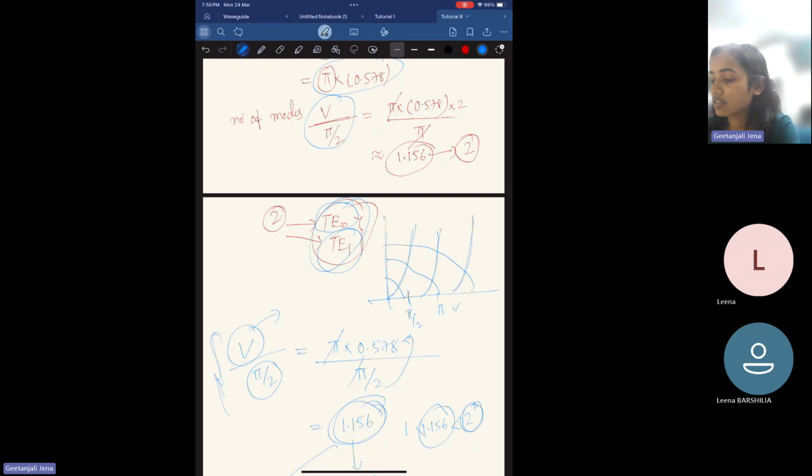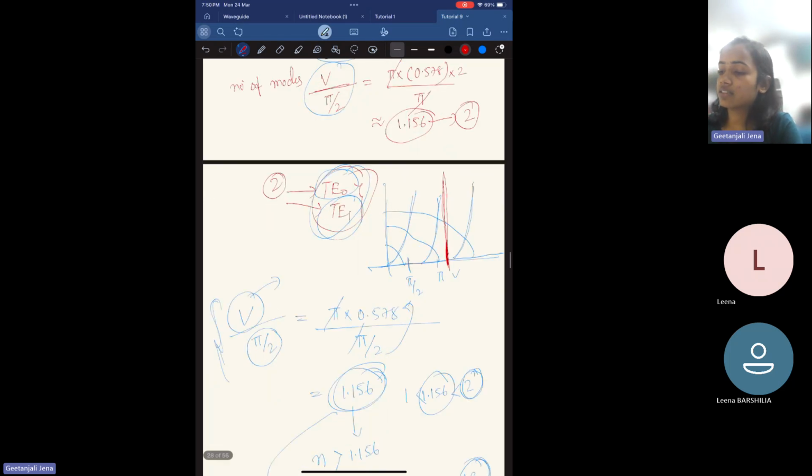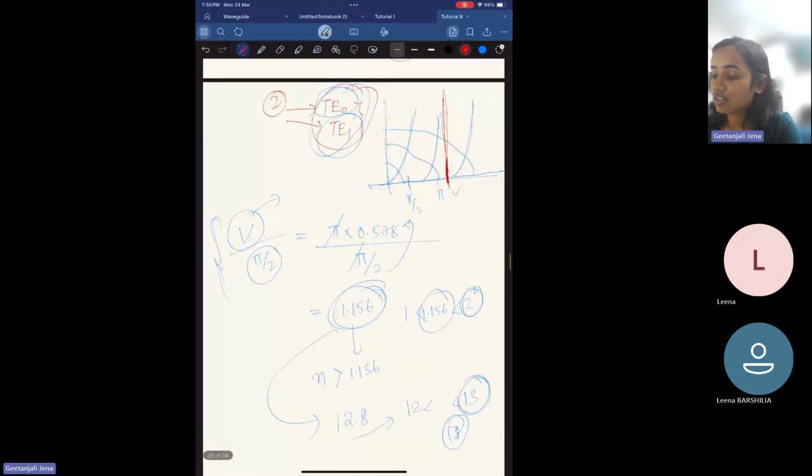Let us say in the graph the V is lying here. This is the V value. Okay, it's better to show in the graph, I think, instead of just saying.